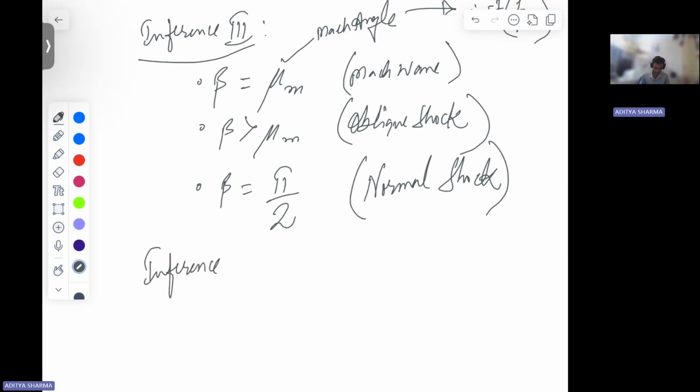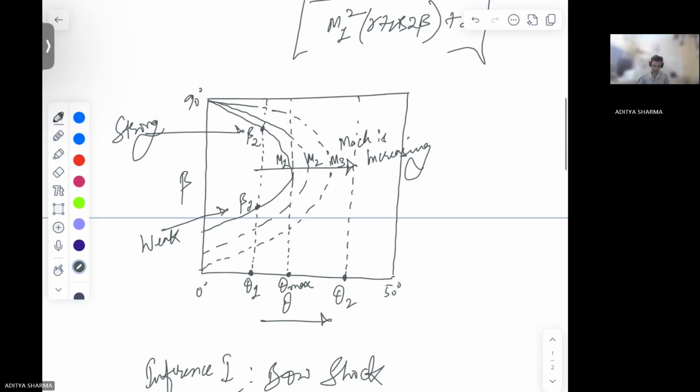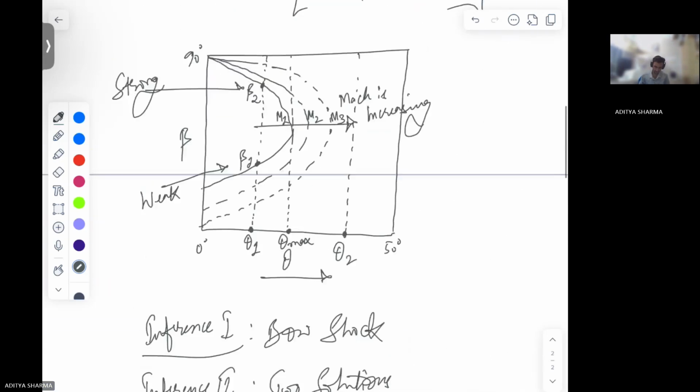Then inference 4. What is inference 4? We can see it from this graph only.